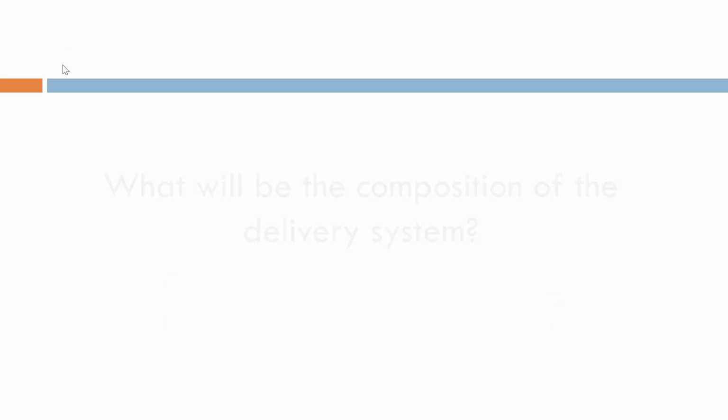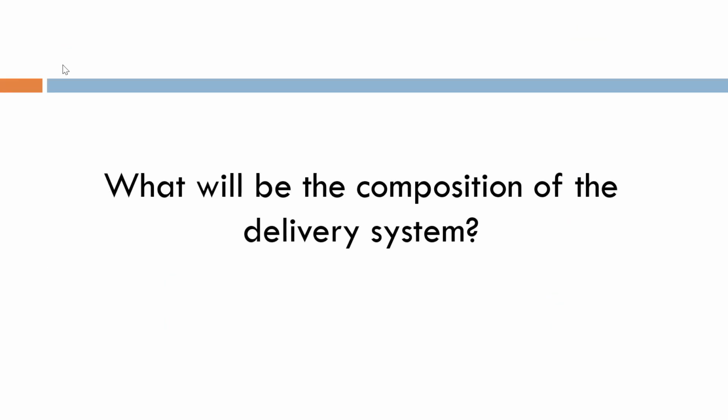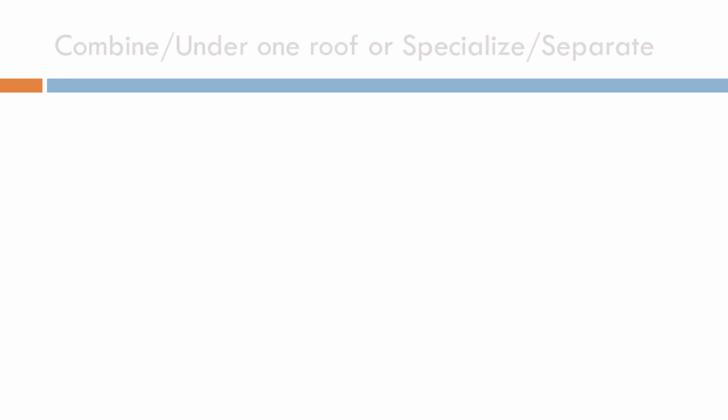Okay, so the second question was, what will be the composition of the delivery system? The first choice is actually two choices combined: whether to combine services or to specialize, and then whether to have those combined services under one roof or to have them separately. These two are very closely tied together, so that's why I'm talking about them in the same slide.